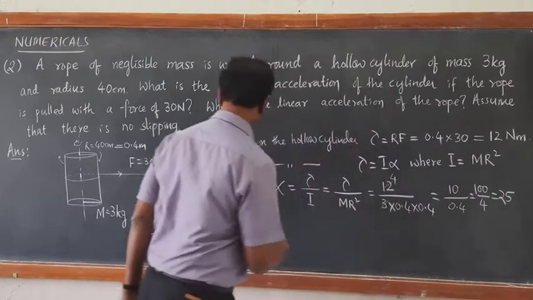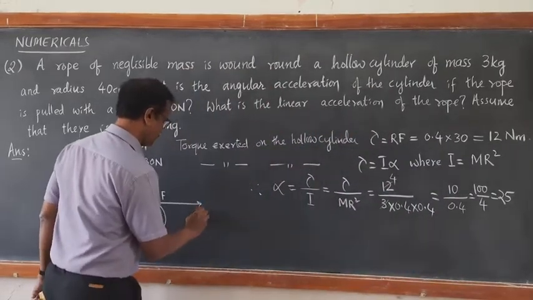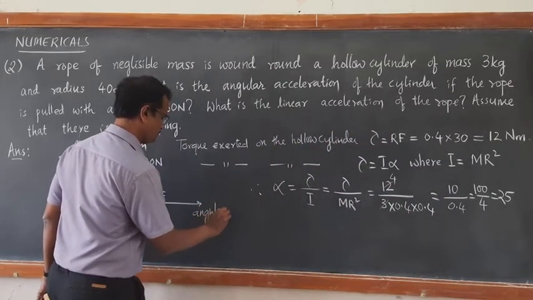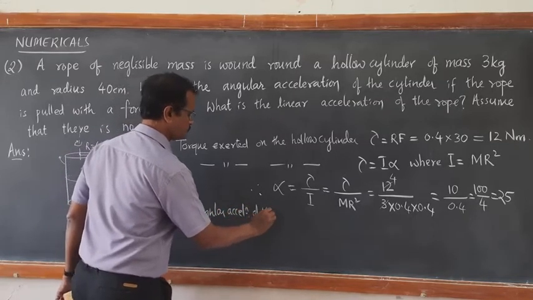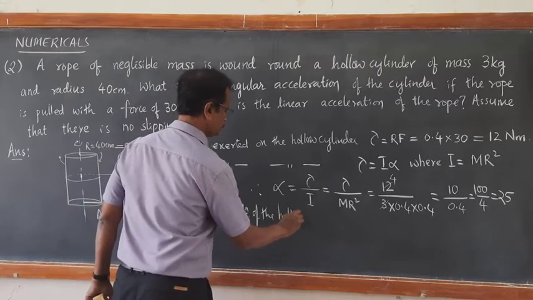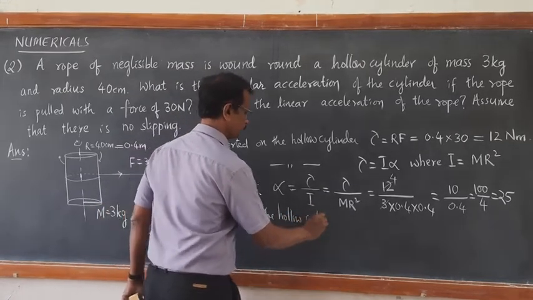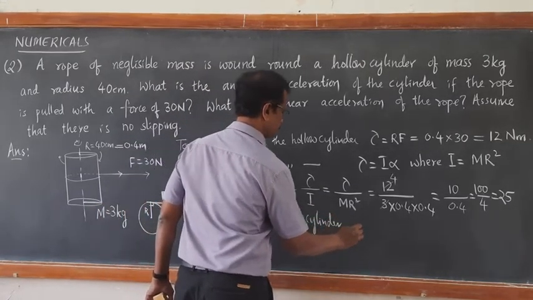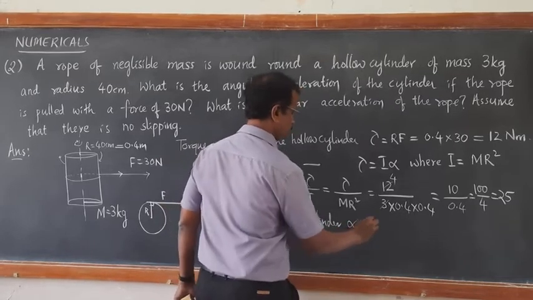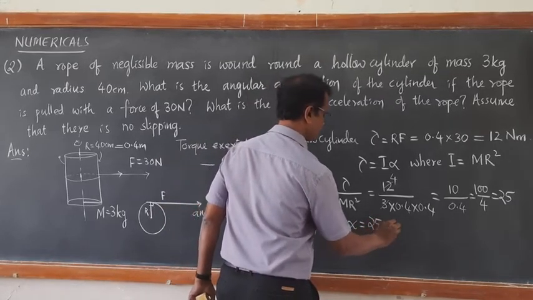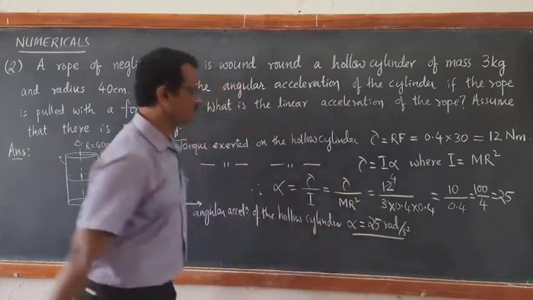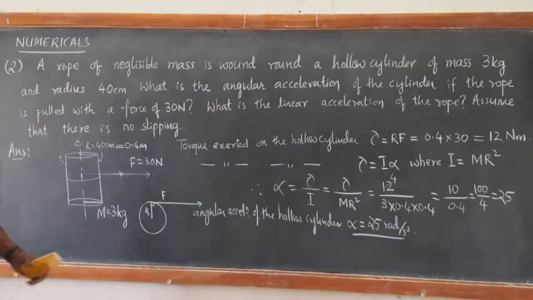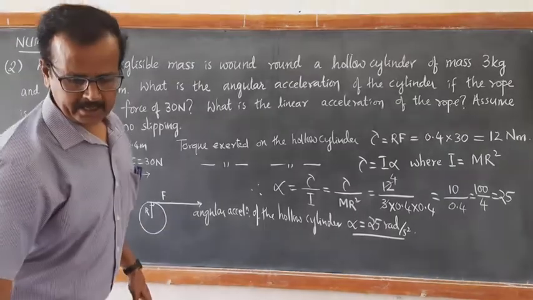Therefore, the angular acceleration of the hollow cylinder, alpha, is equal to 25 radians per second squared. Please remember the SI unit, radians per second squared. So we got the angular acceleration.